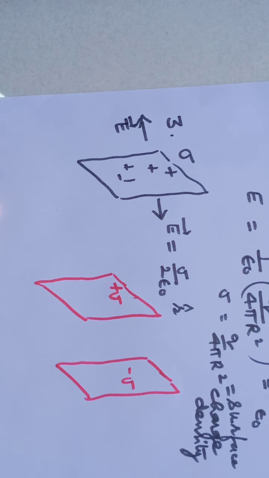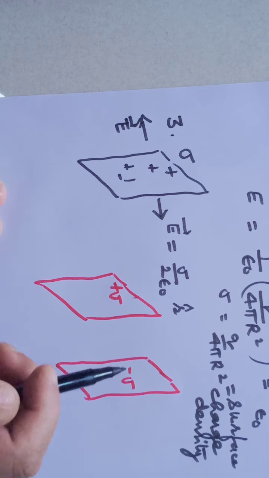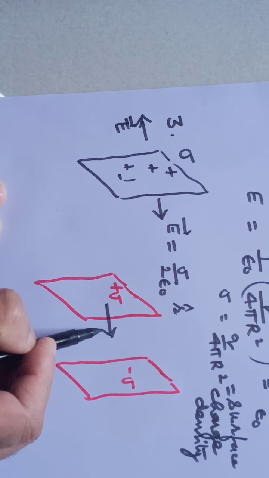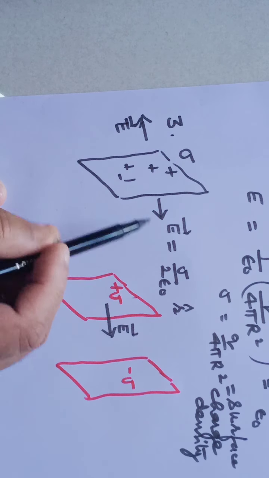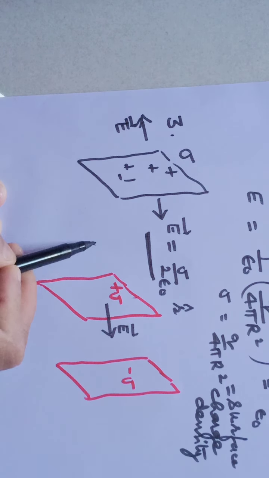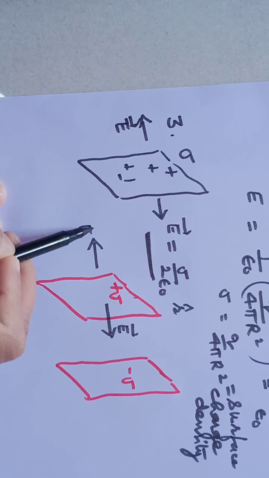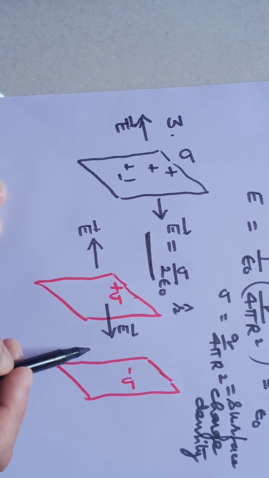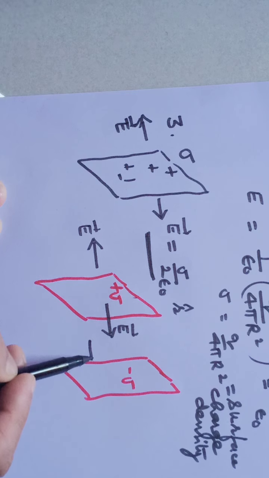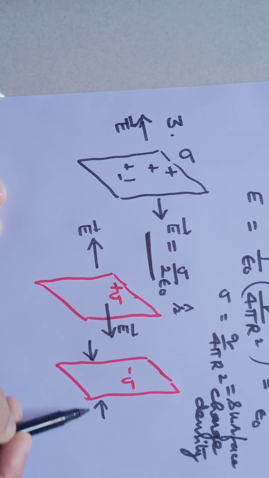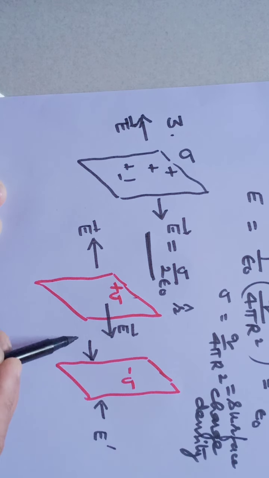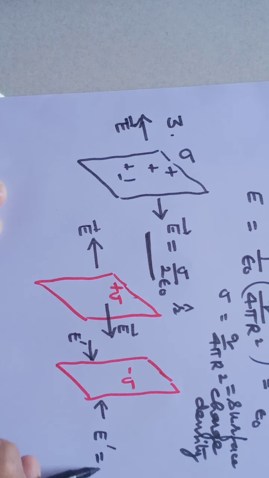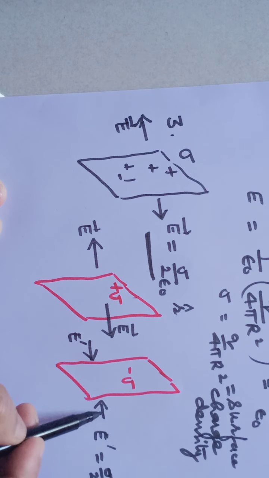For this plus sigma sheet, the electric field will be outward. For the other plate, the electric field will be inward, let us call it E dash, but the value will be same, sigma upon 2 epsilon naught, but direction will be different.